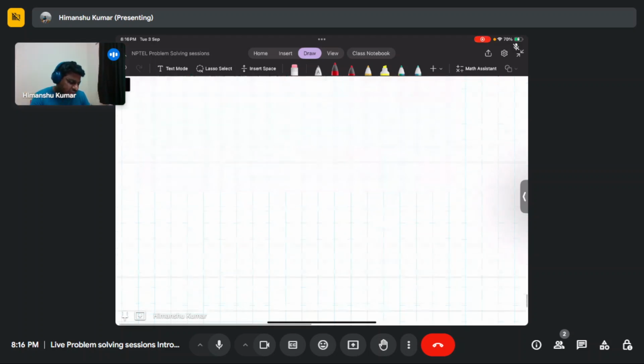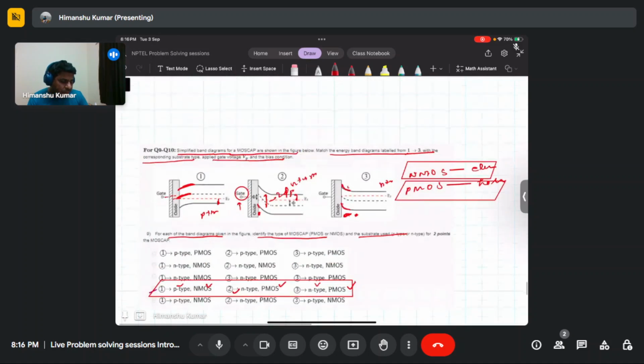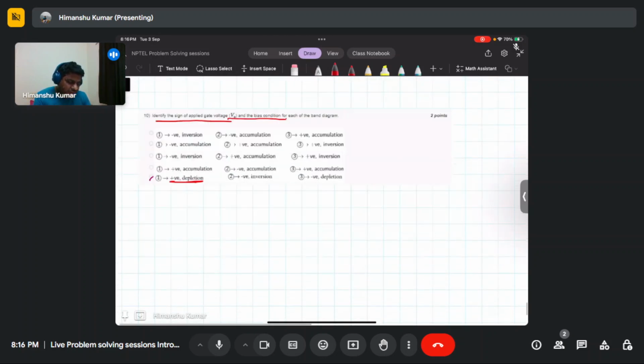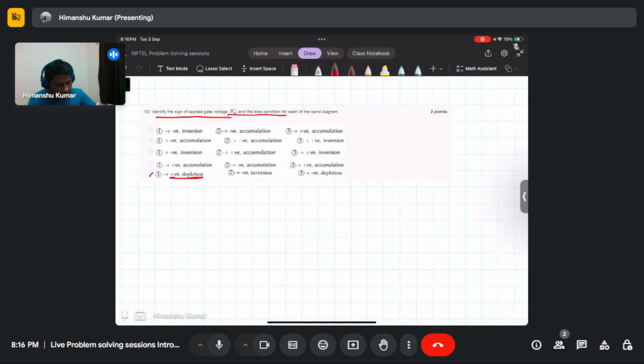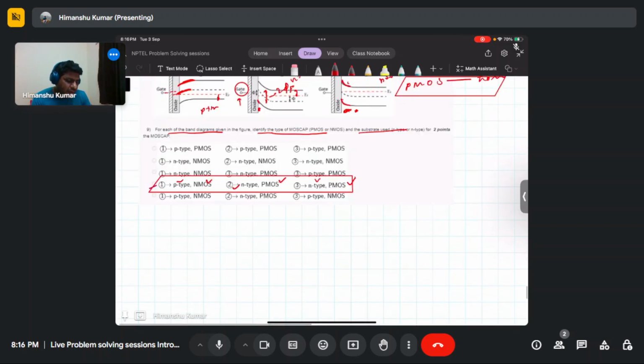So this is the inversion region, and because the band is moving up, this is negative bias. So the correct answer is the fourth one, negative bias and inversion.